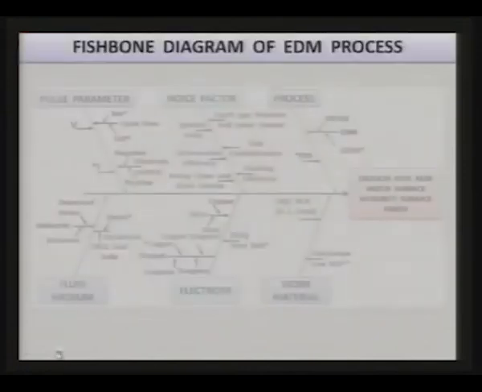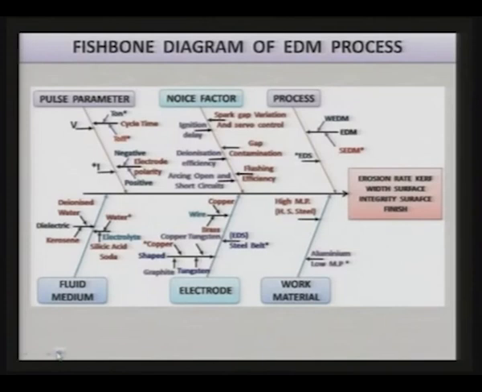Now, from the discussion of the last two lectures, here are the various parameters which affect the performance of the electric discharge machining process. Let us just see what are those parameters which we have already discussed in the last two lectures.